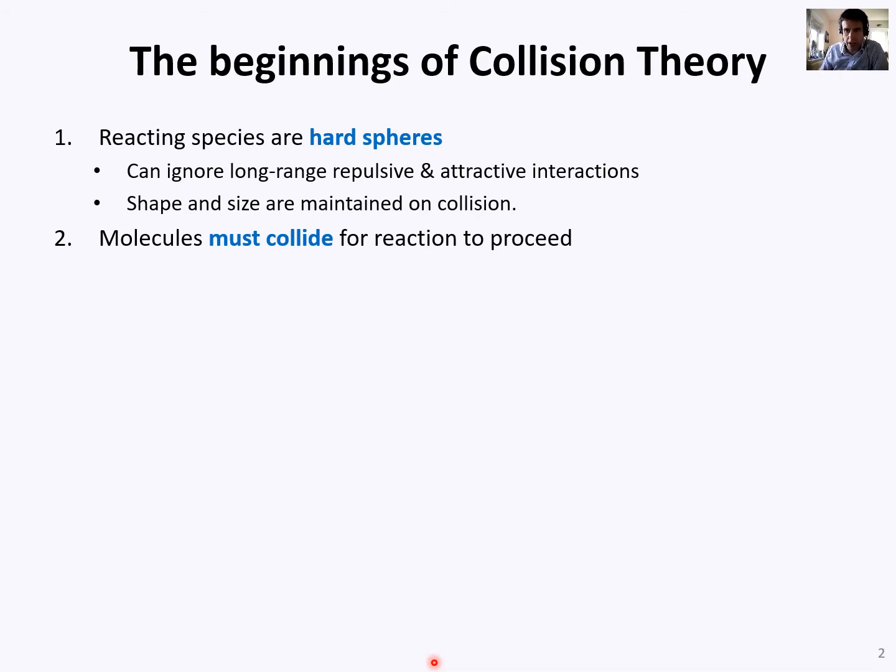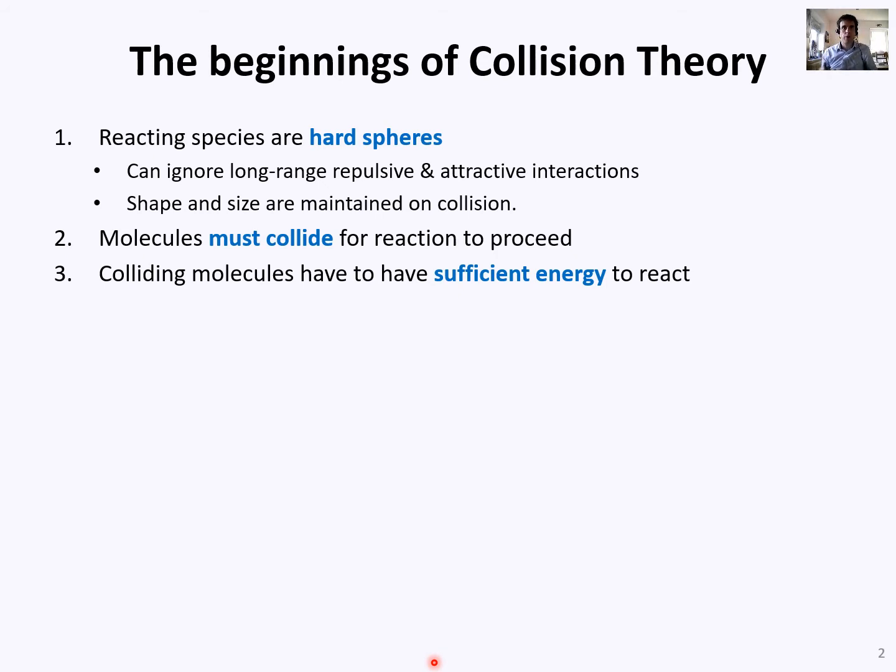But nevertheless, there has to be a collision eventually. The third thing is that once a collision takes place, if the molecules don't have enough energy to react, then the collision will not be successful. And so collision theory needs to be able to measure whether a molecule has enough energy to react or not. Okay, and so that's part of the theory.